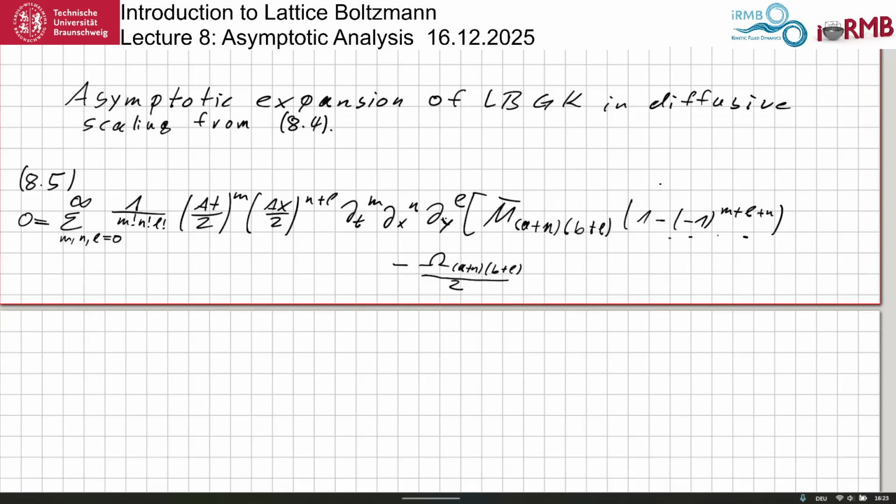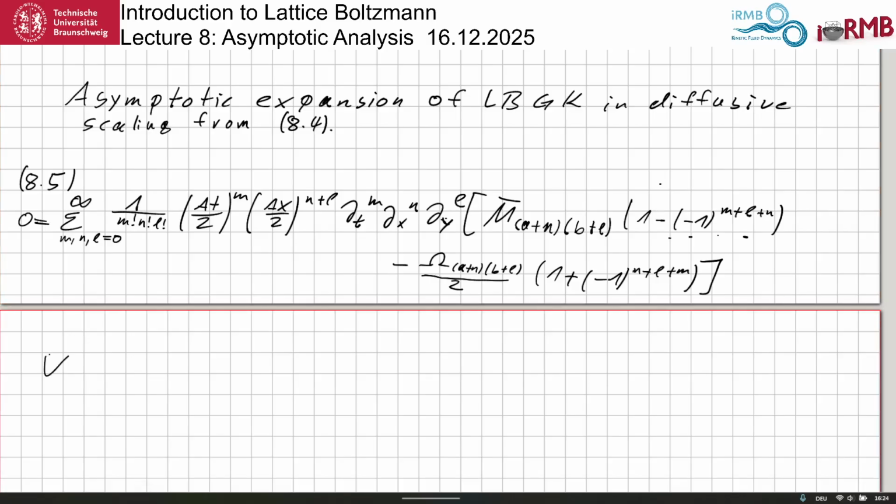Then we have 1 plus minus 1 to the power n plus l plus m, which I've taken from my notes, and I hope they are correct, but you can do it as homework to correct me. So this is before the asymptotic expansion. This is just the Taylor expansion that we have.